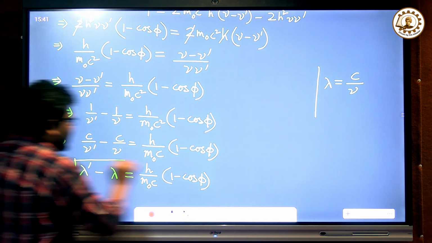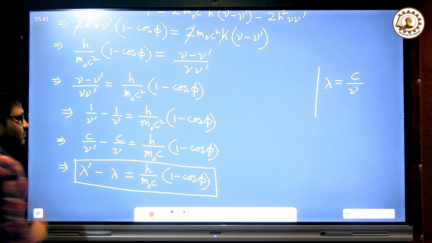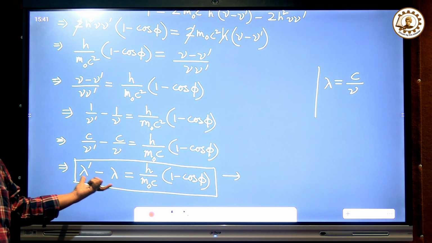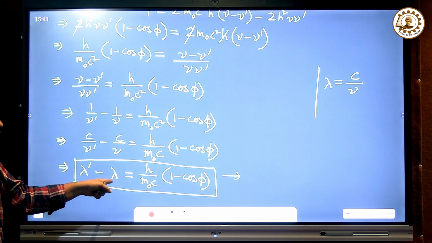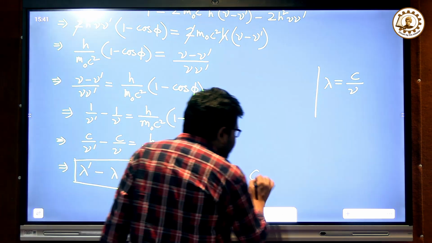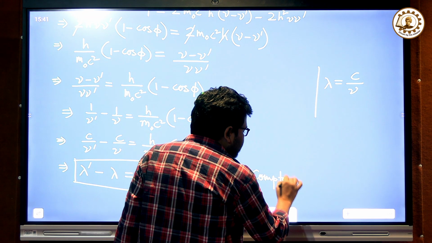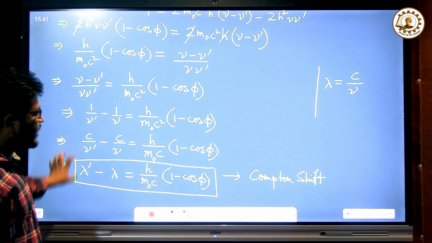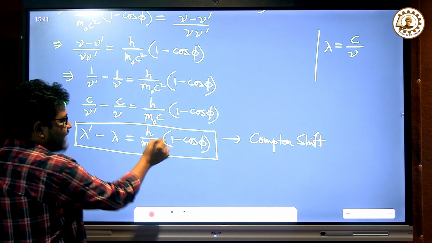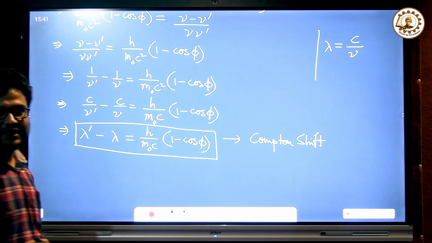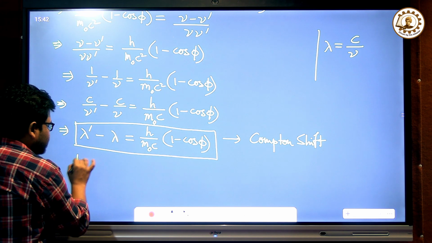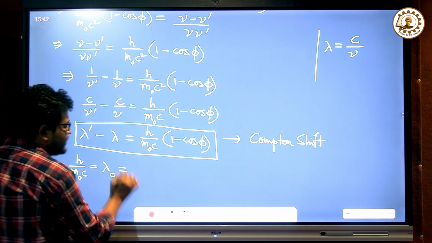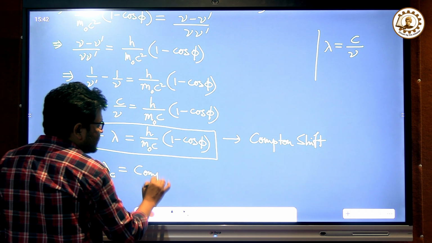So this relation, that is the difference between the wavelengths of scattered photon and incident photon, is known as Compton shift. And the term outside of the bracket, h by m0 c, is known as lambda c, which is also known as Compton wavelength.